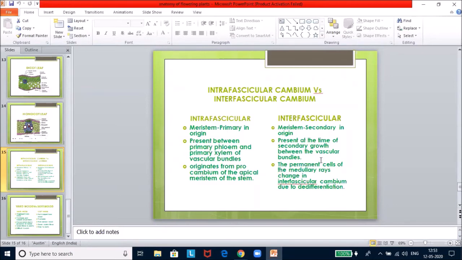Interfascicular cambium is present at the time of secondary growth between the vascular bundles. Intrafascicular cambium originates from procambium of the apical meristem. Permanent cells of the medullary rays change into interfascicular cambium due to dedifferentiation. So, if you understand the differences, they might ask this.